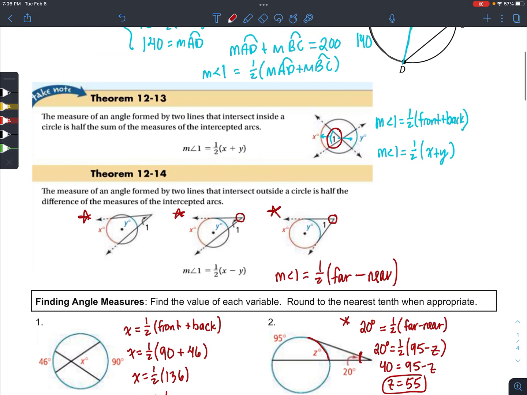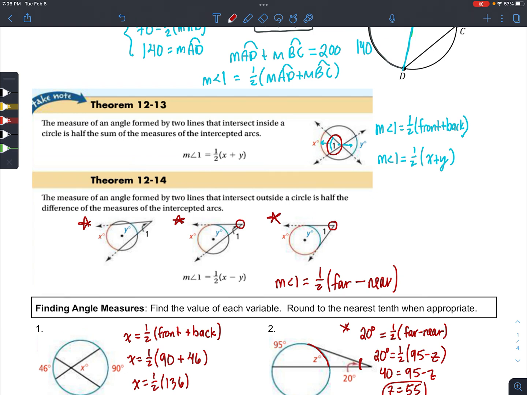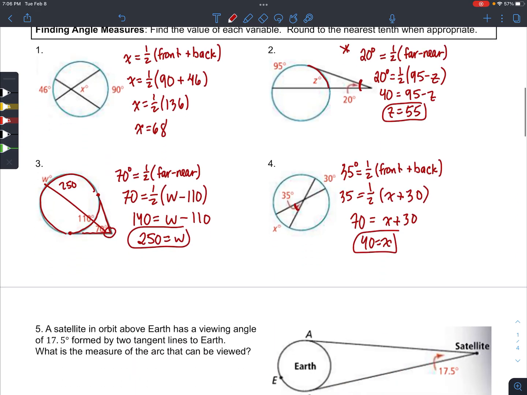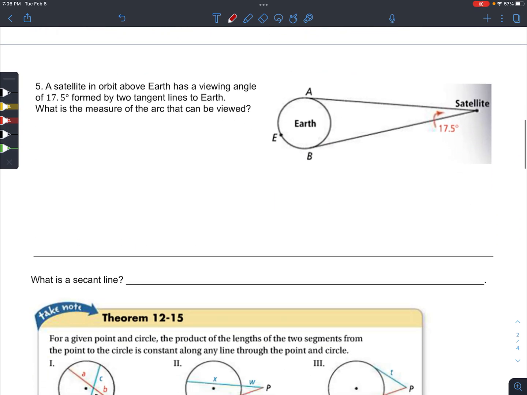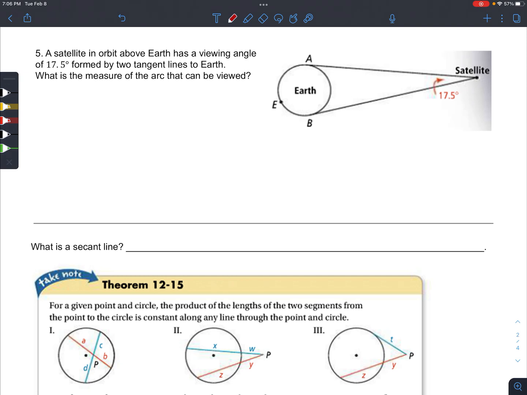So, pretty nice formulas there. Not too complicated. You just need to know like what to do based on what's in the picture. So practicing these will help. Here's a cool example. It says a satellite in orbit above the Earth has a viewing angle of 17.5 degrees formed by 2 tangent lines to the Earth.